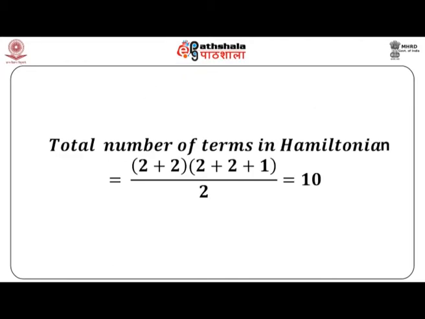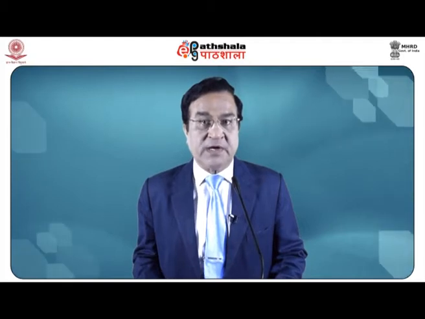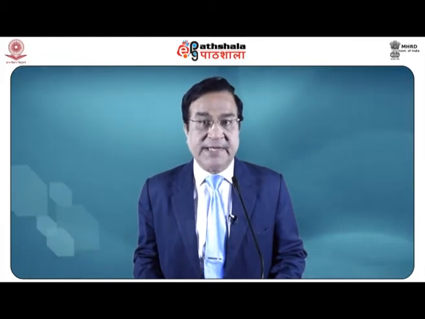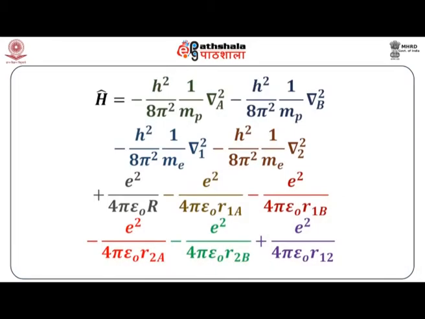Therefore, the total number of terms in the Hamiltonian of the hydrogen molecule would be, as you can see here, equal to 10. So the full Hamiltonian of the hydrogen molecule will contain 10 terms, and these terms are shown here.